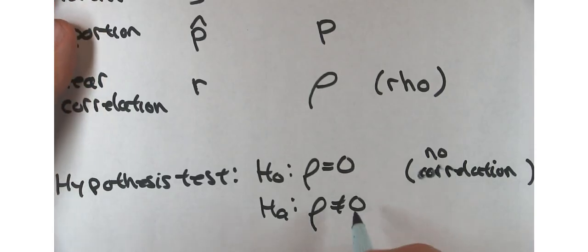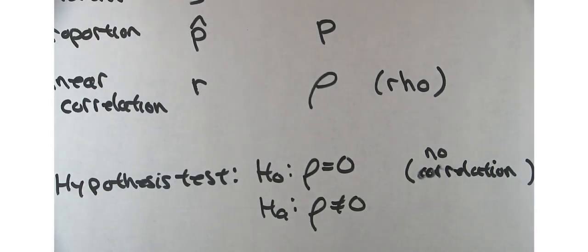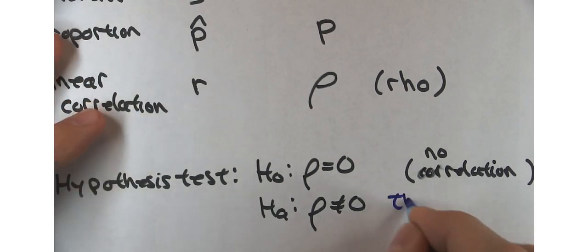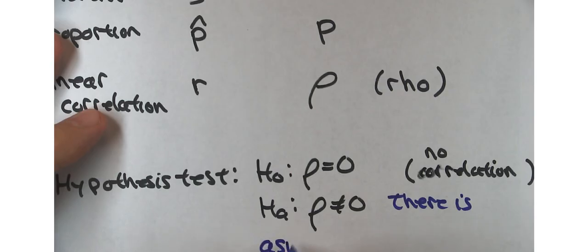And rho is not equal to 0 is where you do have a nice correlation. So there is a significant linear correlation.